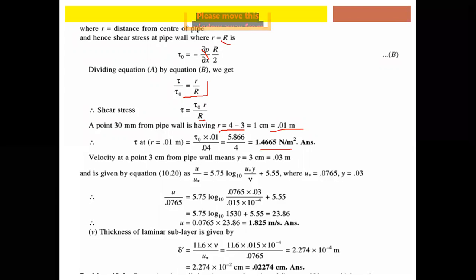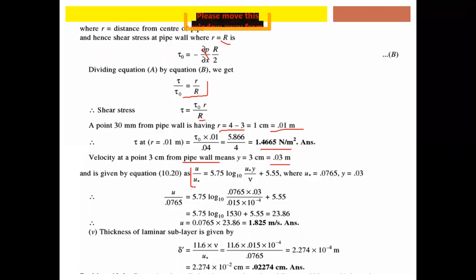Now the velocity at 3 centimeters from the pipe wall, so y becomes 0.03 meter. Applying the same equation, u by u star is equal to 5.75 log 10 of u star into y by v, plus 5.5, where u star is already found, y is equal to 0.03.